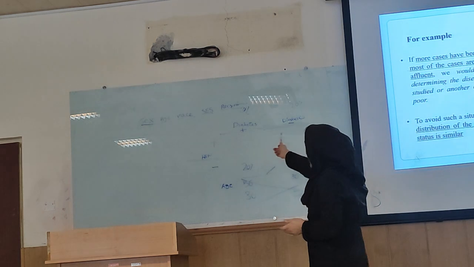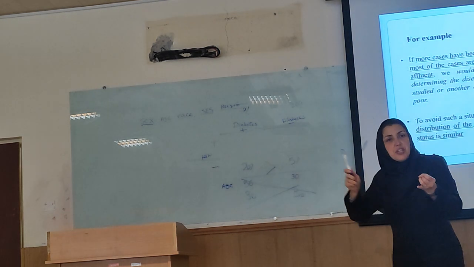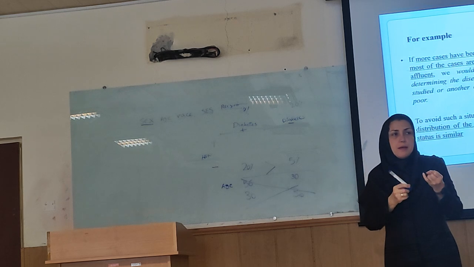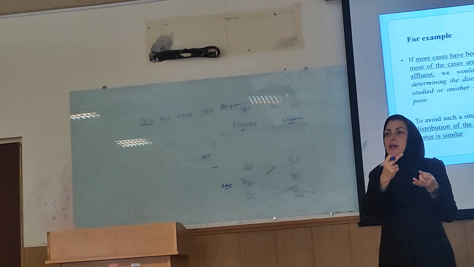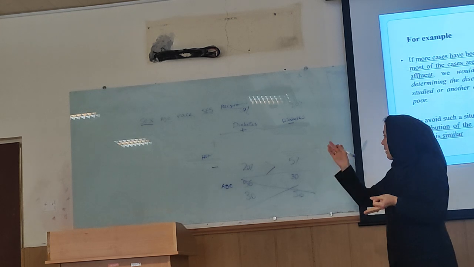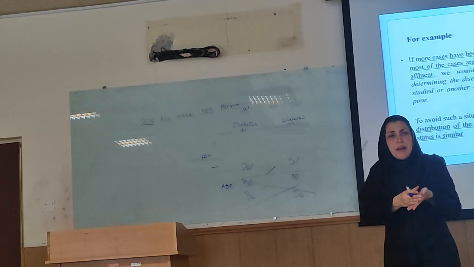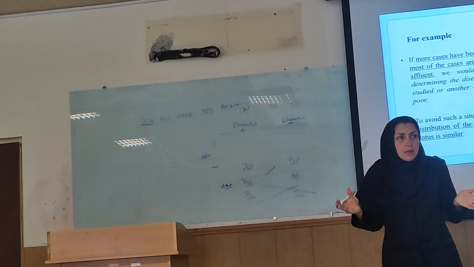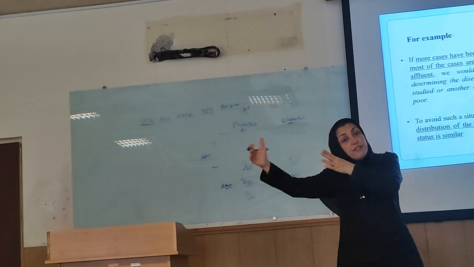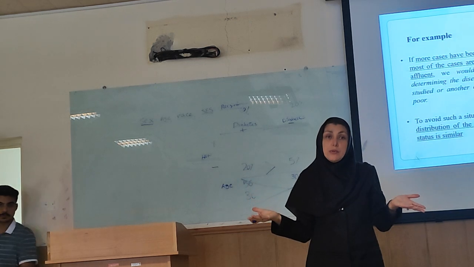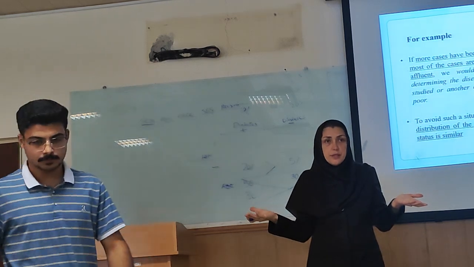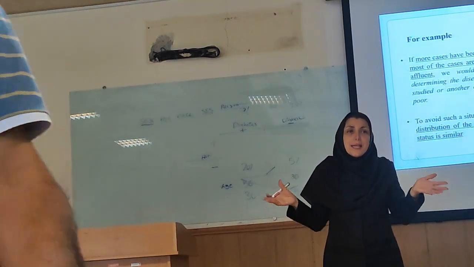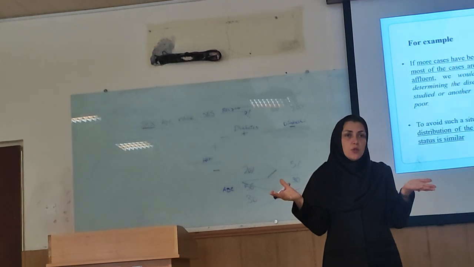For example, in that way, the nutrition might be the same because the socio-economic status and the living area, or for example, the age and the race are similar, so the other factors might be similar as well, because two groups are so similar to each other that you cannot find any difference between these two.